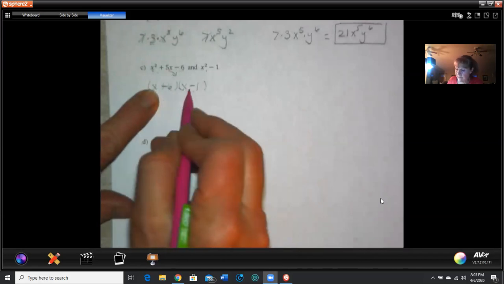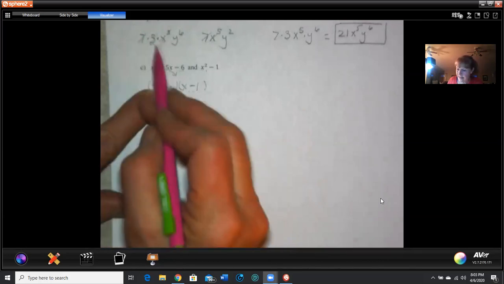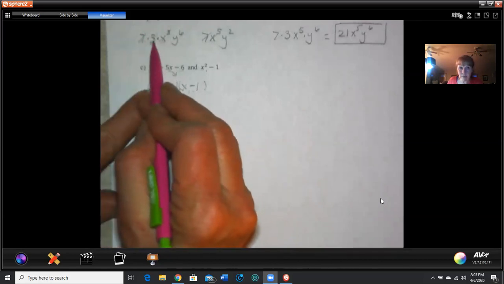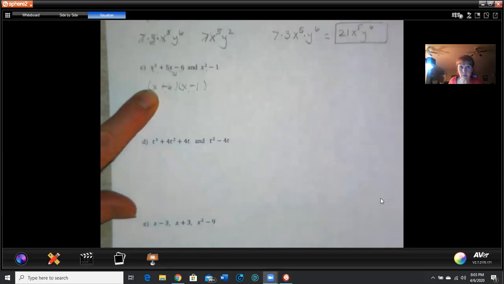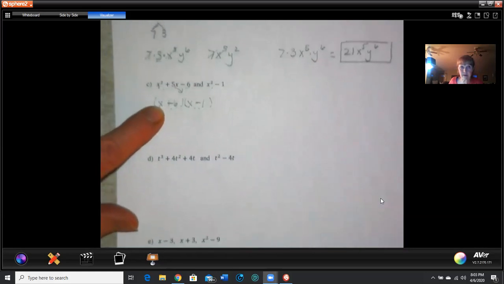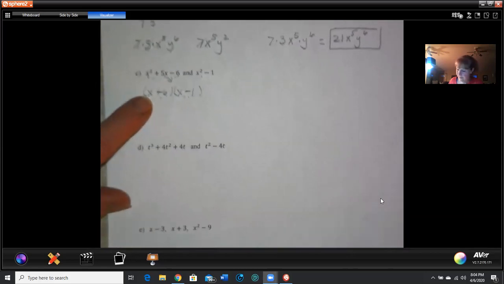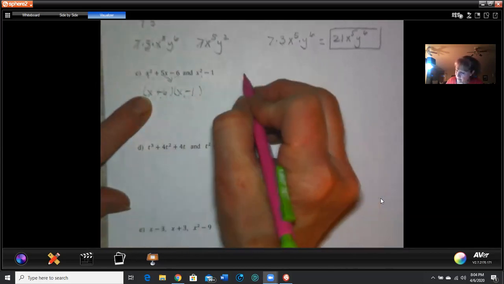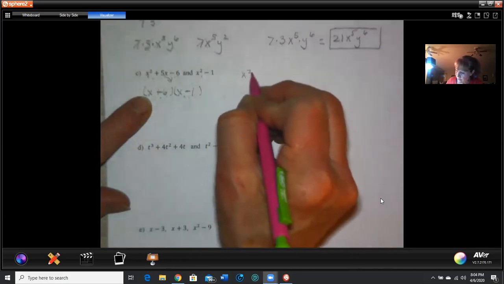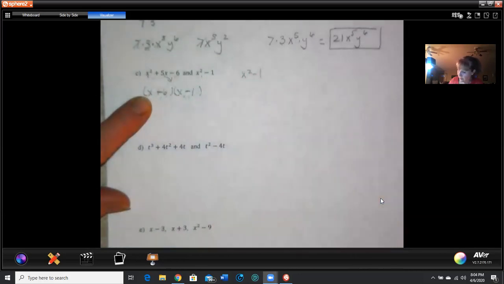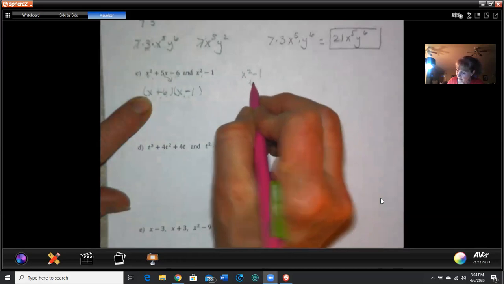So we're done factoring this one. We would say they're prime, like up above, like the 7 and 3 could not be broken down any further with the 21. Okay, the 7 and the 3 were done. We're done with these. So let's go over. I'm just going to move the x squared minus 1 over here. We're going to factor it.